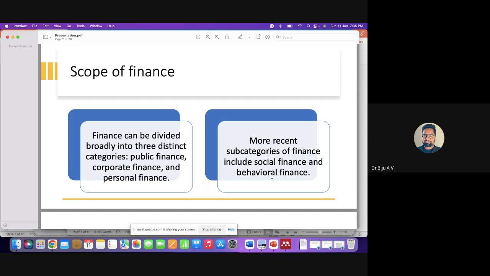It covers areas where the traditional, standard finance is weak. Behavioral finance covers areas like behavioral biases affecting financial decisions, rationality, bounded rationality, etc. So these are the areas of finance. I repeat once again: finance consists of public finance, corporate finance, personal finance, social finance, and behavioral finance.